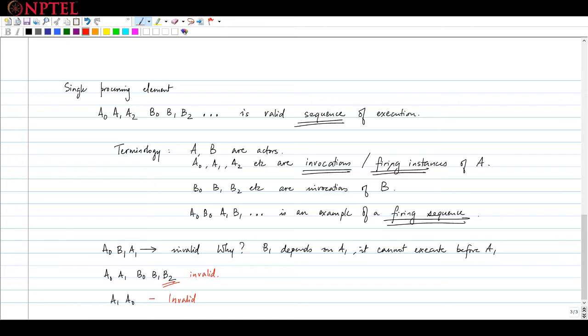By definition, the 0th time it executes is A0, the next time is A1, and so on. So it doesn't even make sense to talk about A1, A0 as a possible sequence. This notion of creating firing sequences is very useful to understand the behavior or evolution of a data flow graph, which is what assignment 2, question 1 is dealing with.